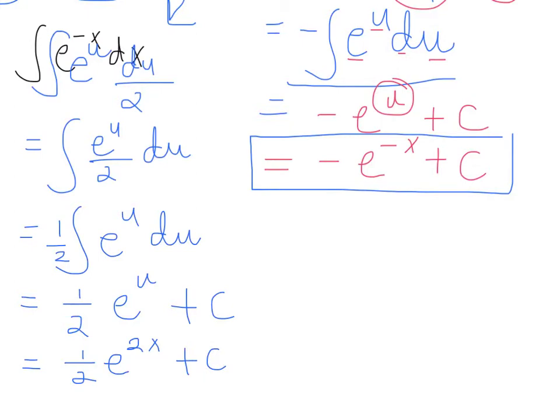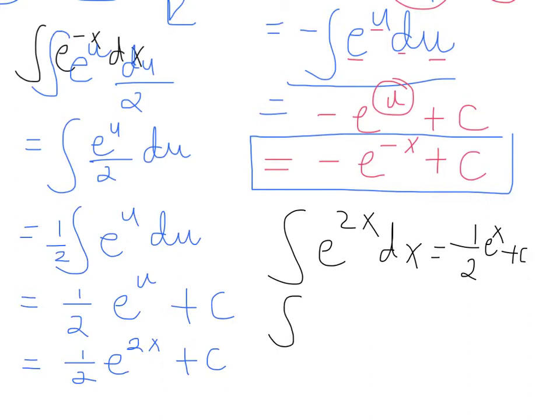So the pattern that I want you to understand is that we started with e to the 2x dx, and the answer is 1 half e to the 2x plus c. If we integrate e to the 3x dx, the answer is 1/3 e to the 3x plus c.